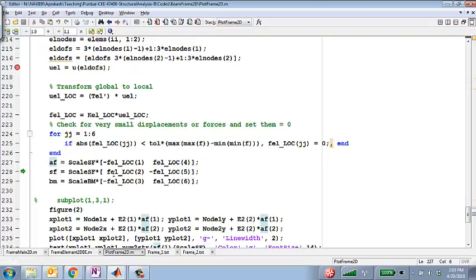Similarly, shear force is Qiy prime positive, Qjy prime negative, and similarly bending moment Mi negative and Mj positive. So if you run through that, I have the axial force at the 2 nodes of the element, the shear force at the 2 nodes of the element, and the bending moment at the 2 nodes of the element.